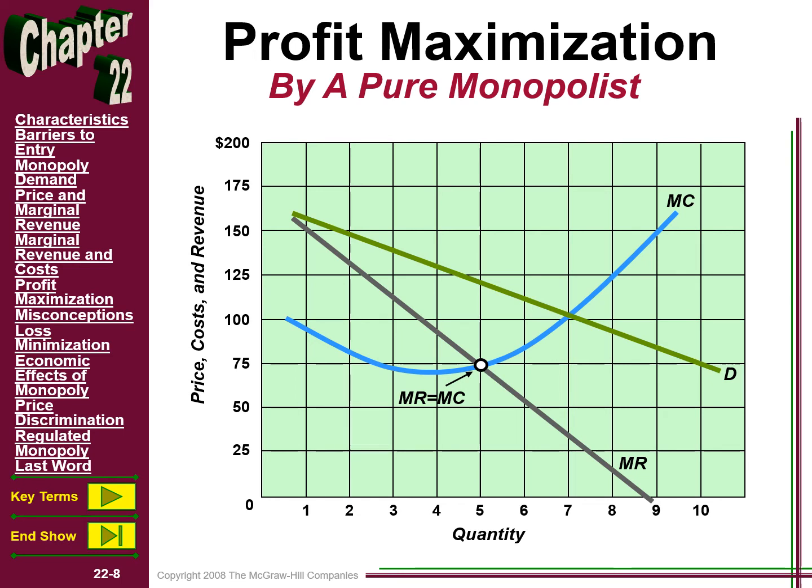This firm will decide what level of output maximizes profit in the short run, what quantity of output maximizes profit by equating MR equals MC.